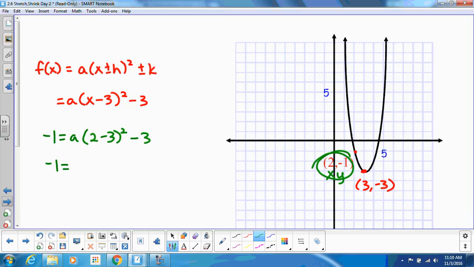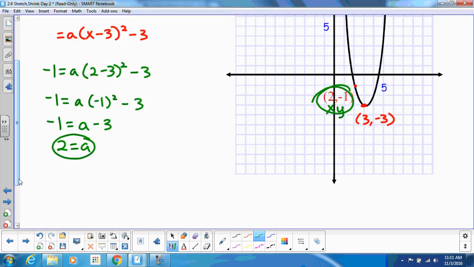Okay, so 2 - 3 is -1. -1 squared is 1, and 1 times A is A. Okay, add 3, so 2. So A is 2.